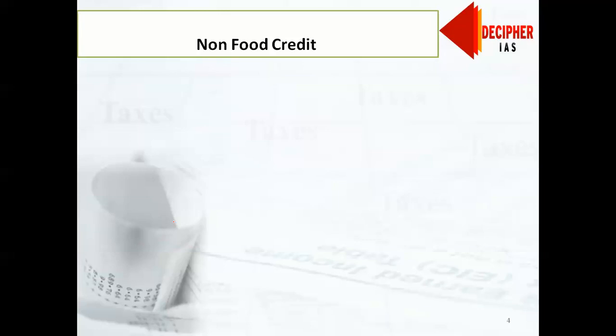Now, what is gross bank credit? Gross bank credit is the aggregate amount which the banking system is willing to provide to any individual, organization or customer. The lending can be towards various sectors like priority lending sectors, and the food sector is one of these sectors. Hence, what do you mean by bank credit?